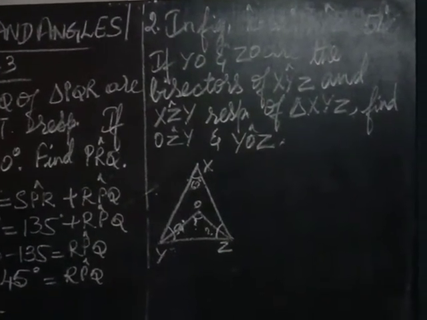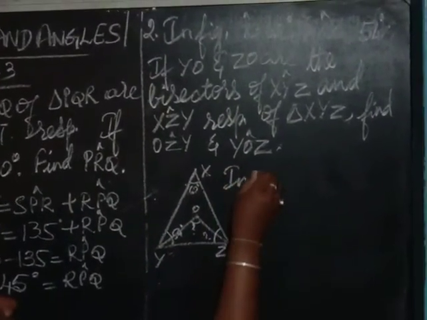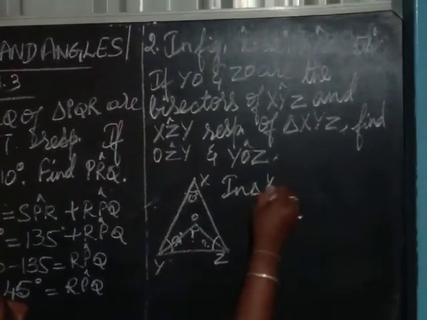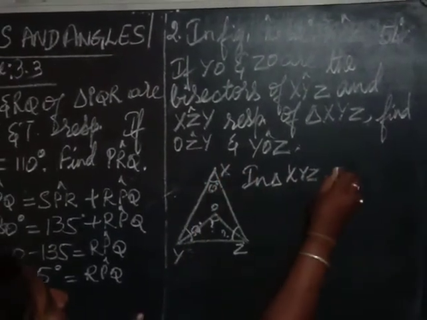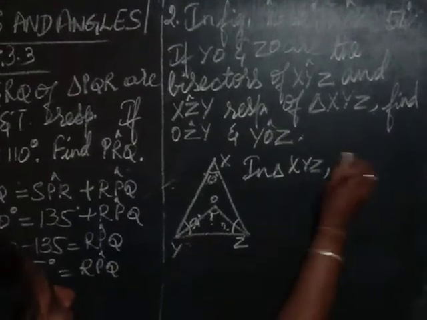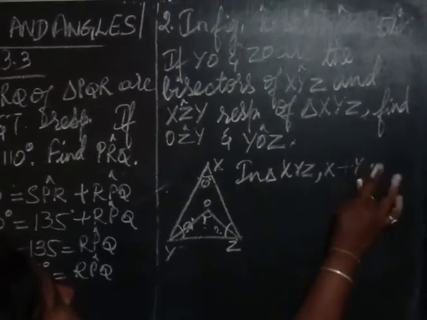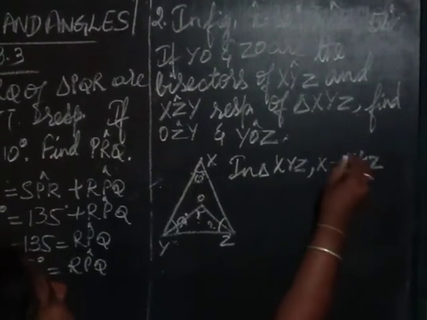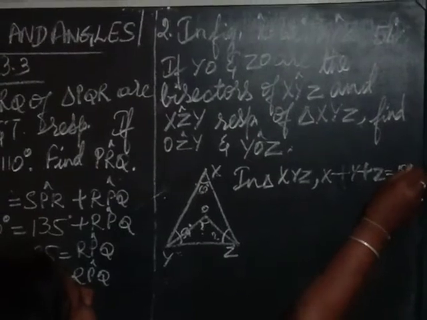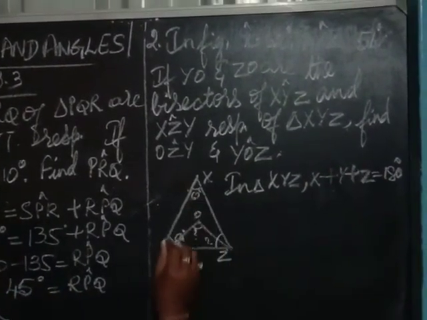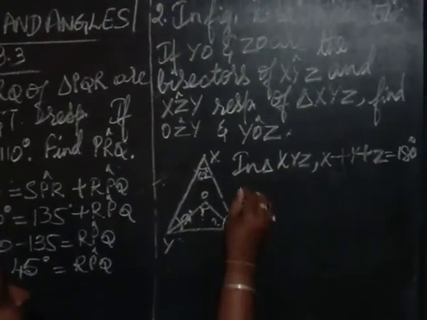See, in triangle XYZ, angle X plus Y plus Z is equal to how much? 180 degree. We know two angles here: 62 degree and 54. So then the third angle we can find out.